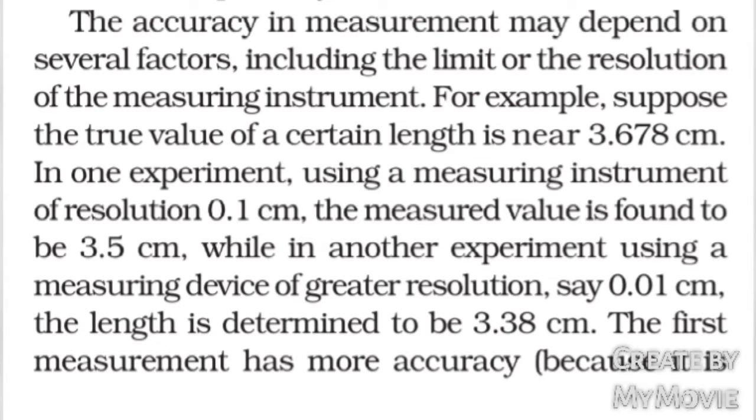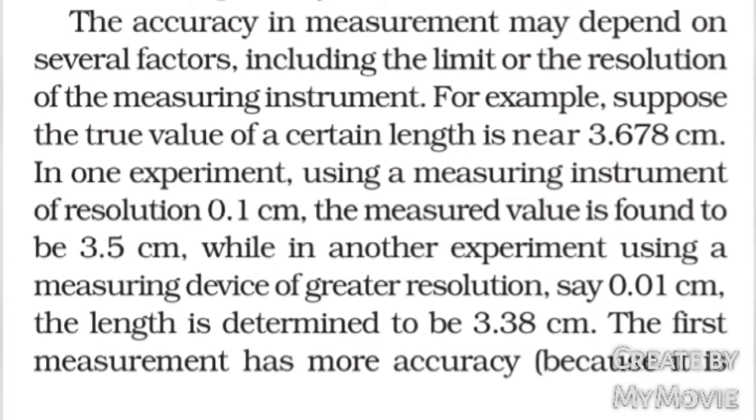For example, suppose the true value of a certain length is near 3.678 cm. In one experiment using a measuring instrument of resolution 0.1 cm, the measured value is found to be 3.5 cm, while in another experiment using a measuring device of greater resolution, say 0.01 cm, the length is determined to be 3.38 cm.